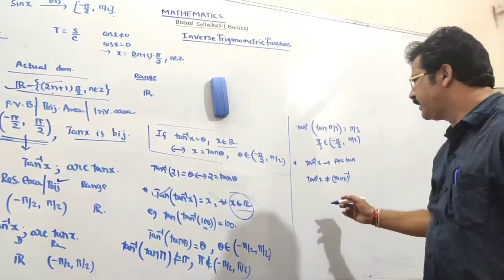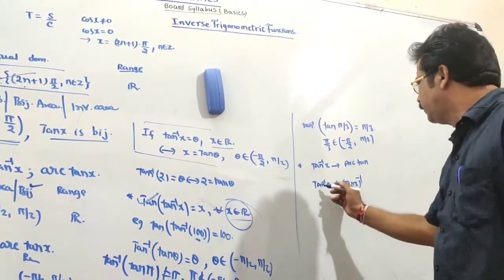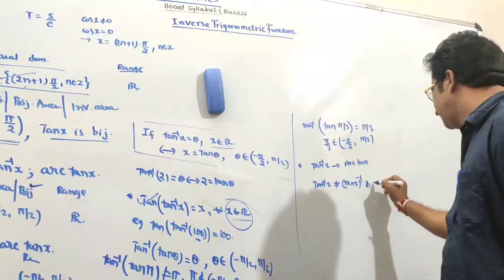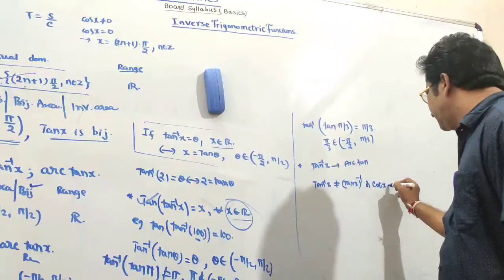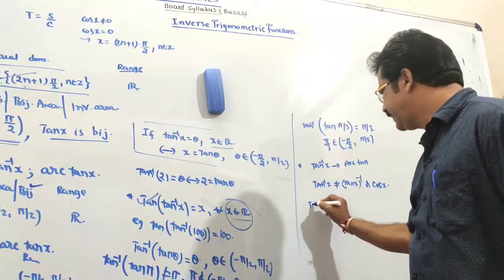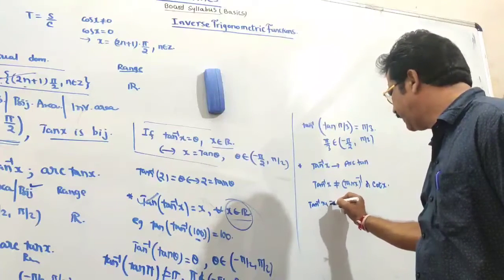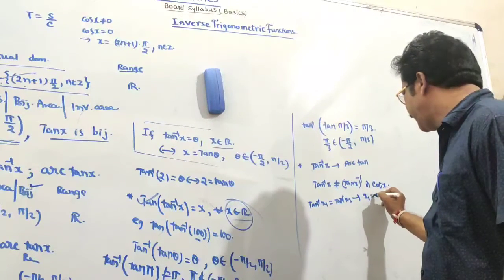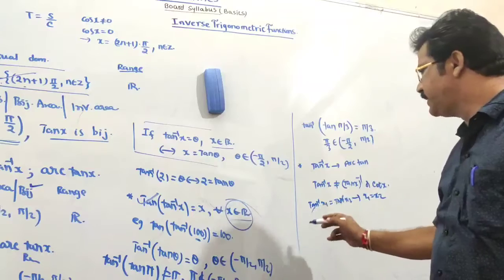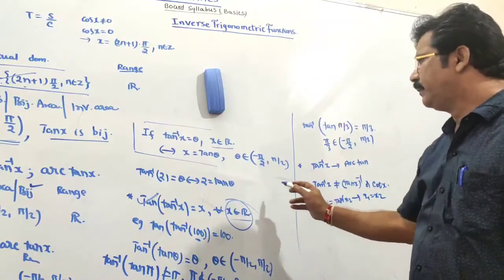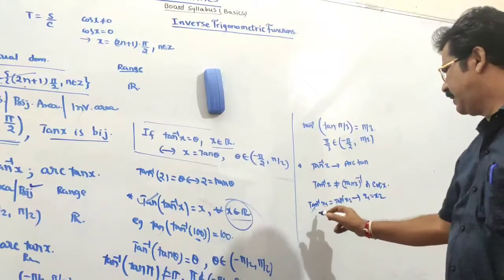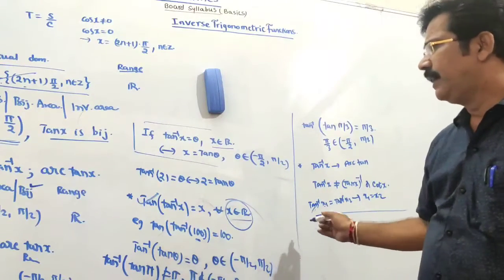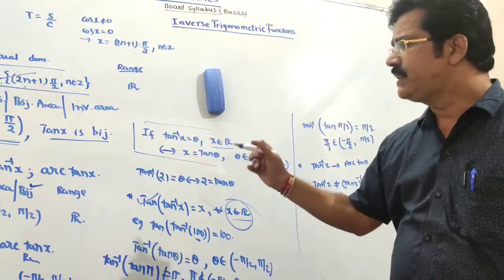In the same sense, it is applicable for tan also. So tan inverse of x means cot x. Similarly, tan inverse of x1 is equal to tan inverse of x2 implies x1 is equal to x2, because tan inverse is defined in the area in which tan x is bijective.